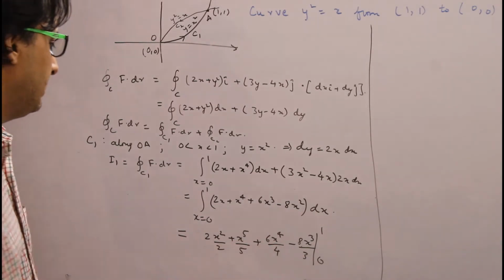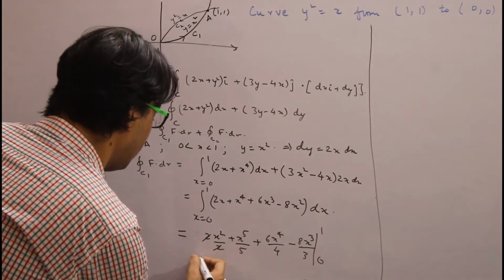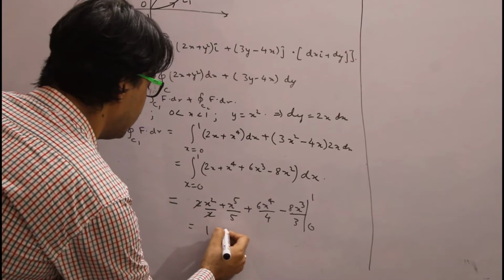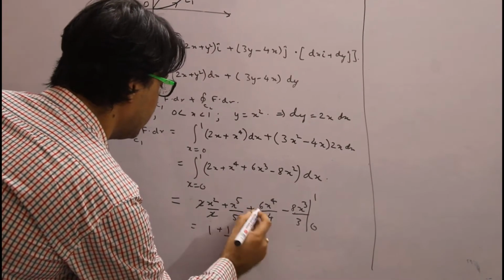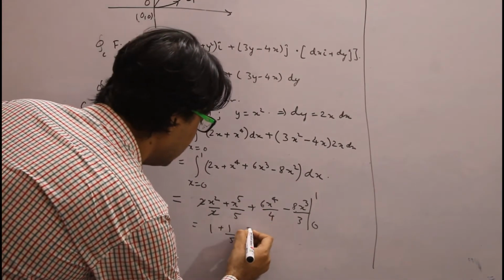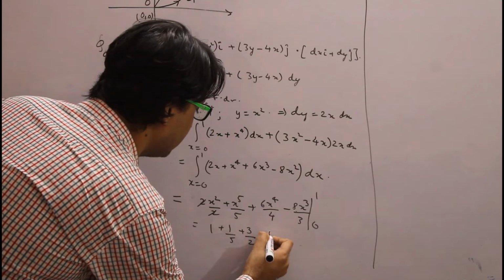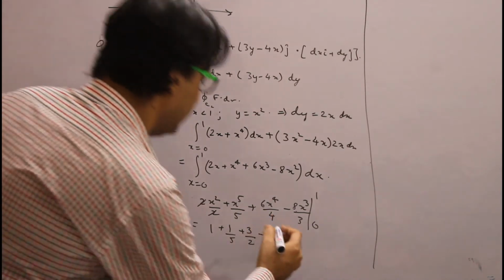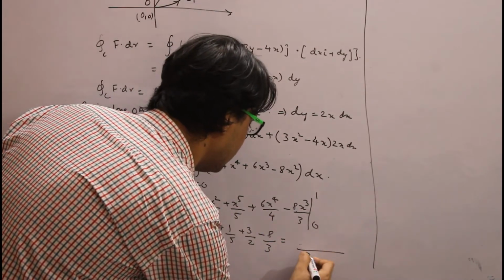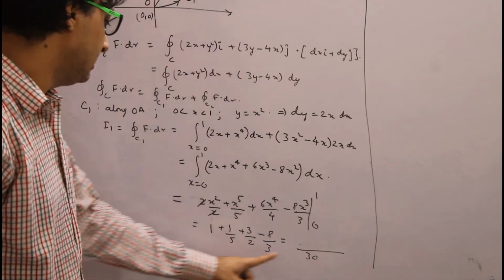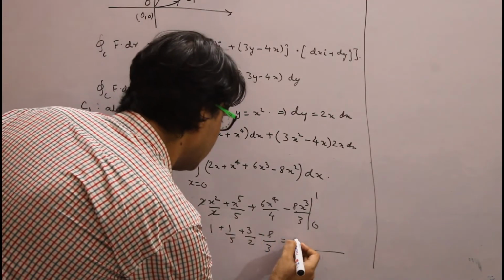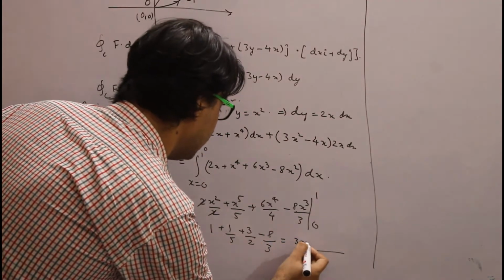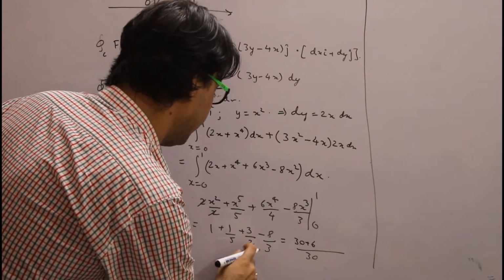Putting in the values, this is 1 plus 1 by 5 plus 6 by 4, that is 3 by 2, minus 8 by 3. If we take the LCM, this is 30, so we can write this as 30 plus 6, and for this we can write 15.